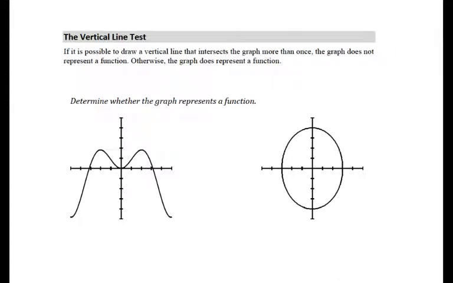So now that we know how to evaluate functions that are defined by graphs, we're ready to also address the question of whether a relation that's defined by a graph is a function. Looking at these two graphs here, we can start to think about what would be happening if I were given an input x and trying to evaluate the function there.